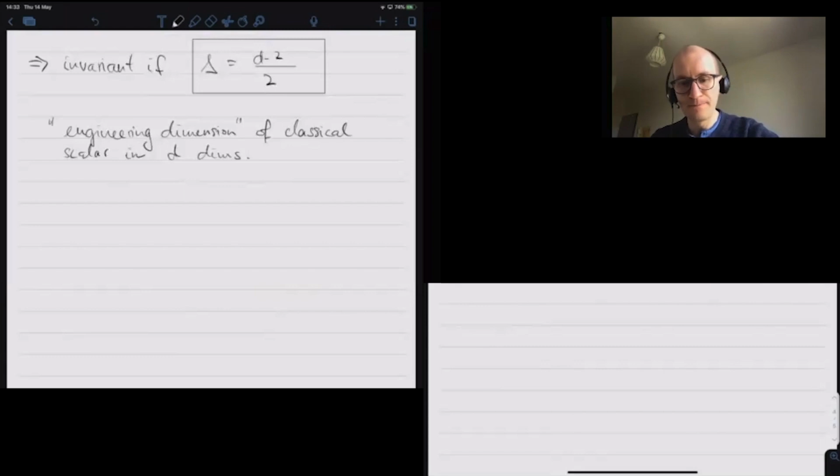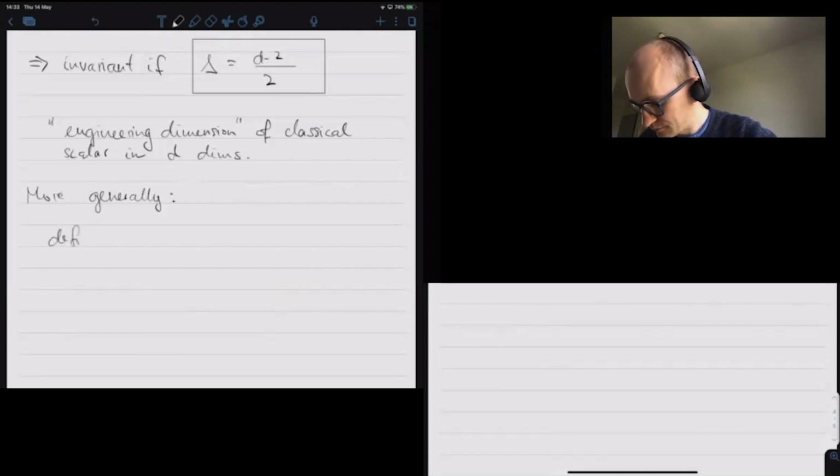So the final comment I want to make, or I just want to explain how to generalize this. So more generally, okay, so let us define the matrix J alpha mu, or well, it doesn't really matter, it could also be J mu nu, but this is basically ∂x primed alpha over ∂x mu.